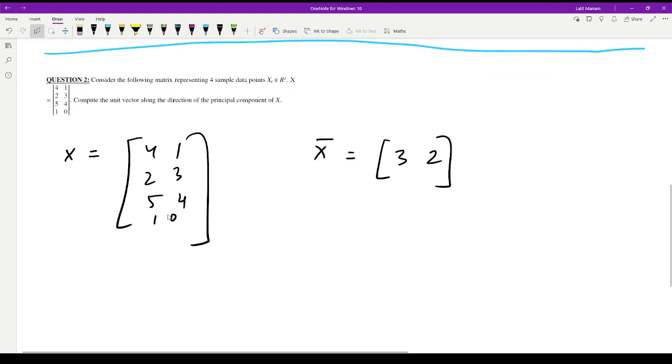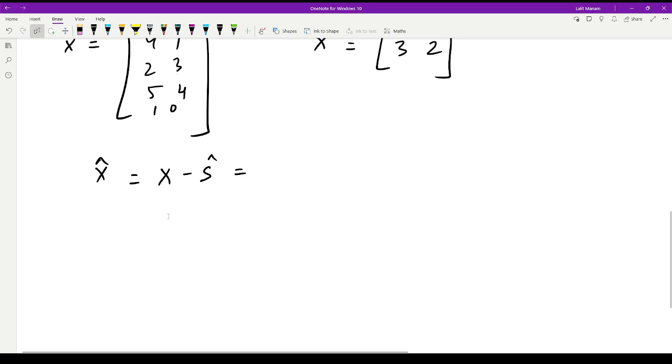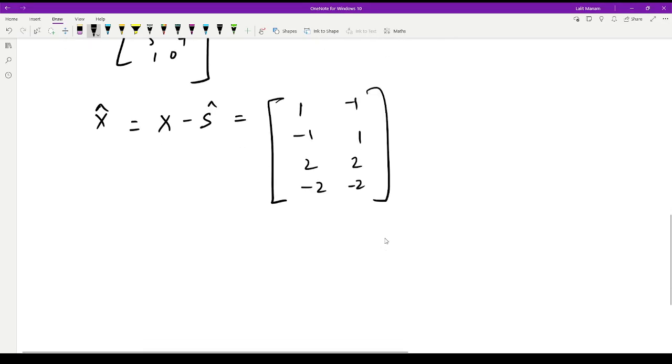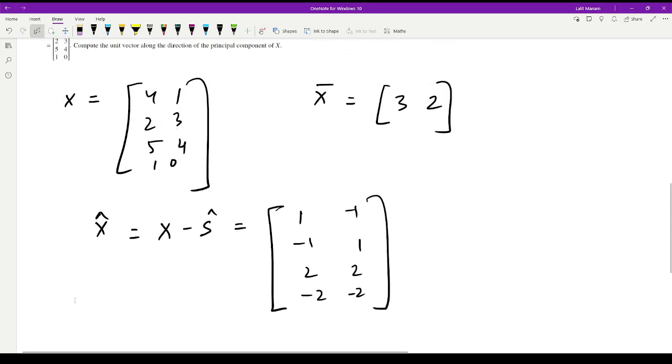So what do we have? We are finding the mean reduced data. This gives us the mean reduced data. So what did we do here? We just reduced the mean. What's the next step?